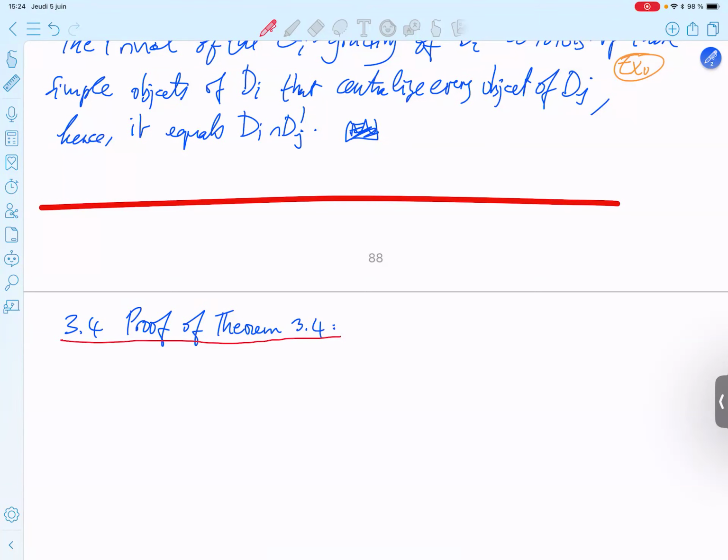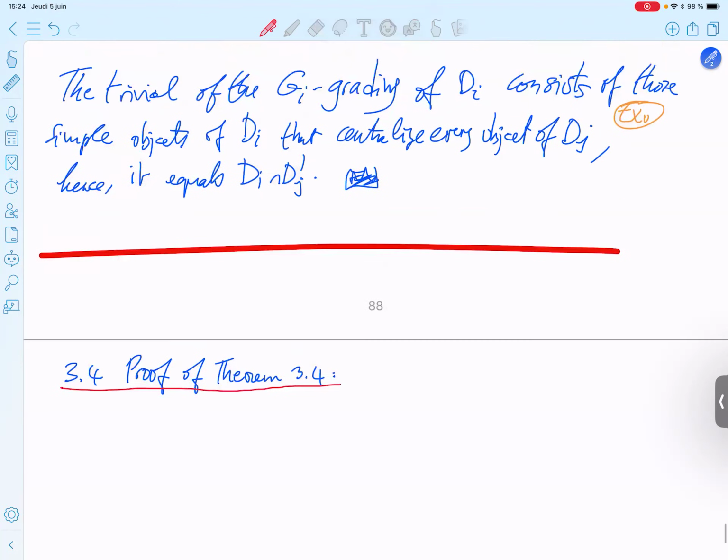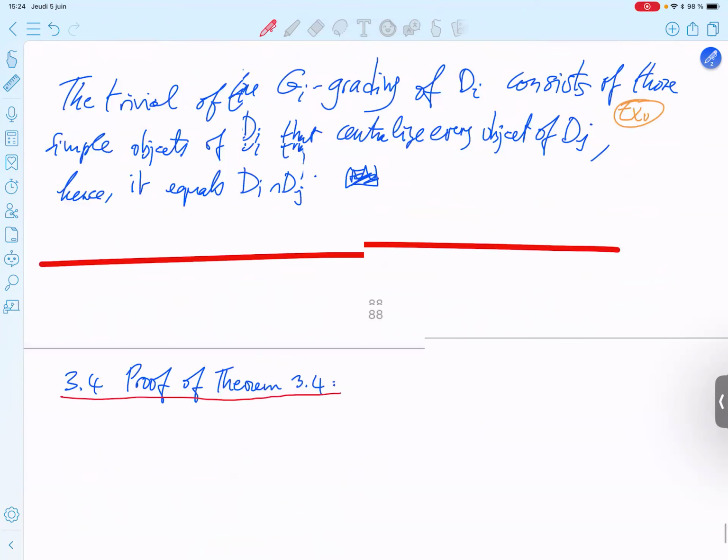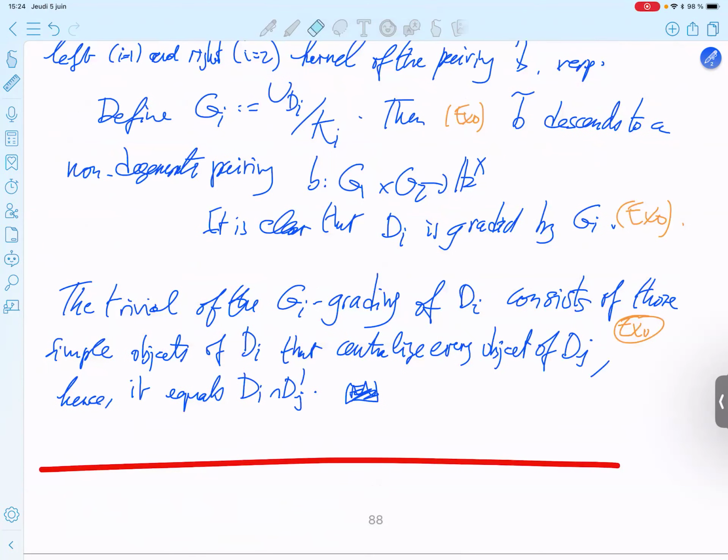So let me go back a little bit, because this statement requires some preparation, which we mentioned before.